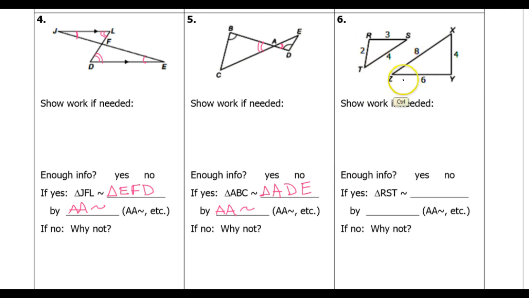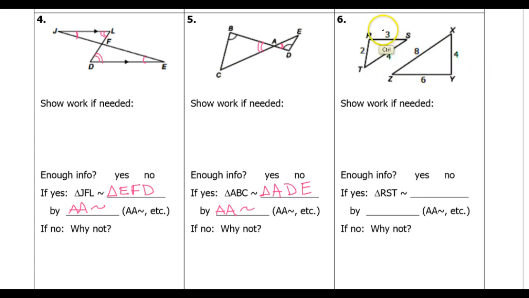Okay. Now, I see that we have all 3 sides for both triangles. So there's a chance that this is going to be side-side-side similarity. We cannot assume that it's side-side-side similarity just because all the sides are labeled. We have to check the ratios and see.